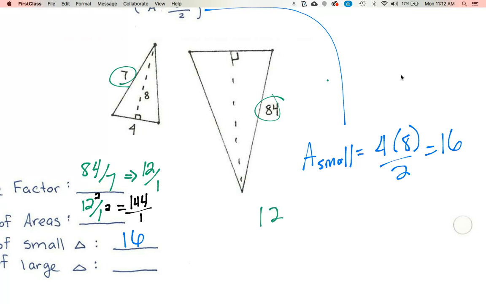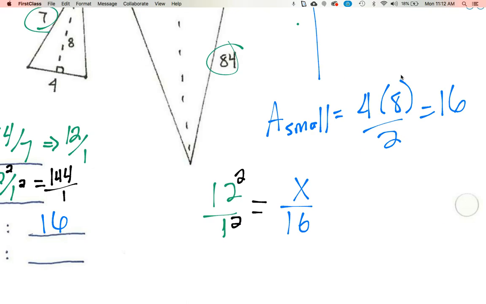So 12 over 1 equals, and don't forget we have to square that. Now we already had that created, so you could go straight to 144 over 1 there. But notice what's happening is it's just 144 times 16, which is 2304.